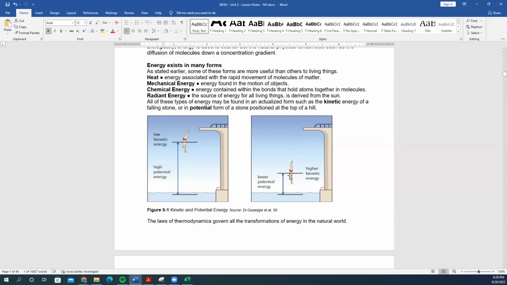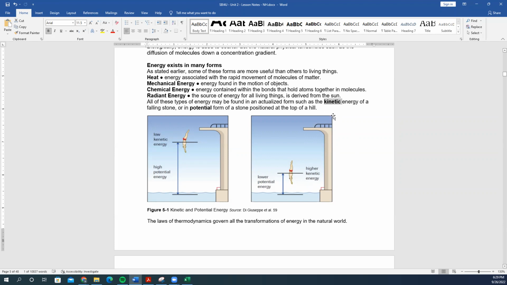Whereas down here, there is higher kinetic energy and lower potential energy. And this is a typo here. Kinetic energy is spelled with a K-I. This diagram has a spelling mistake. It's kinetic energy with a K-I, kinetic.